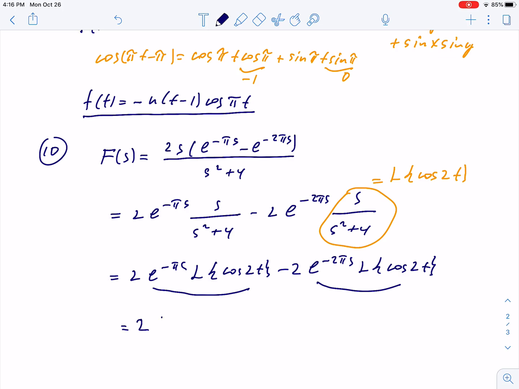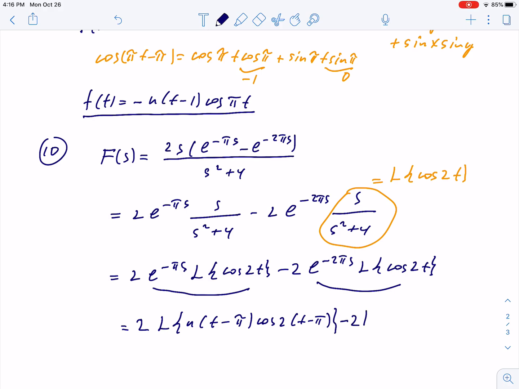Equals Laplace. In this case, a is pi, so I'm writing u(t minus pi) cosine 2 in the place of t, 2 times (t minus pi). Of course, that's the first term.